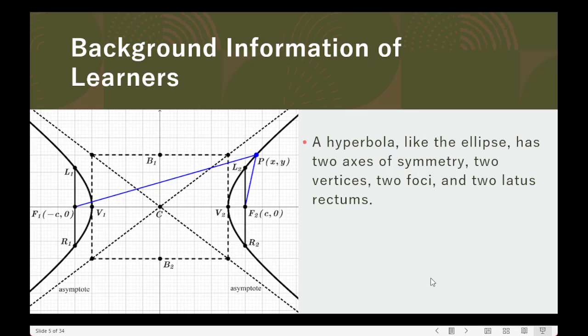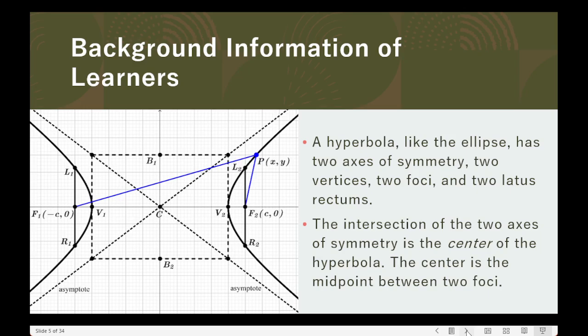A hyperbola, like the ellipse, has two axes of symmetry, two vertices, two foci, and two latus rectums, as you can see from this illustration. The intersection of the two axes of symmetry is called the center of the hyperbola.